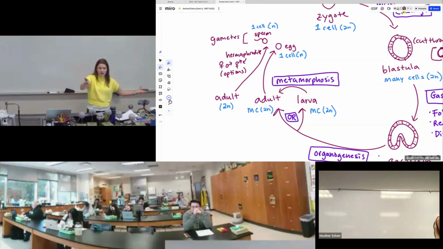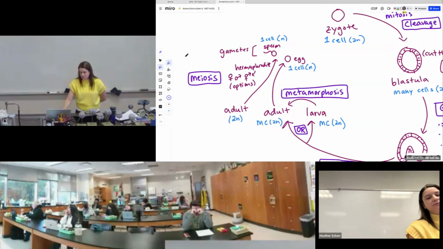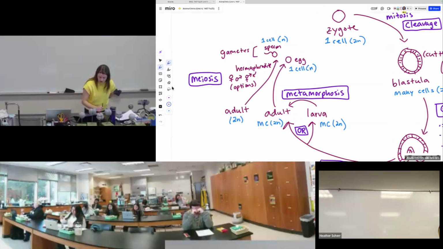What's happening with the ploidy? It's getting halved, right? So we know that that's meiosis, is the process there. So this is going to happen in testis tissue to make sperm, ovary tissue to make eggs. Those are called gametes. So that's happening inside the body of the adult.